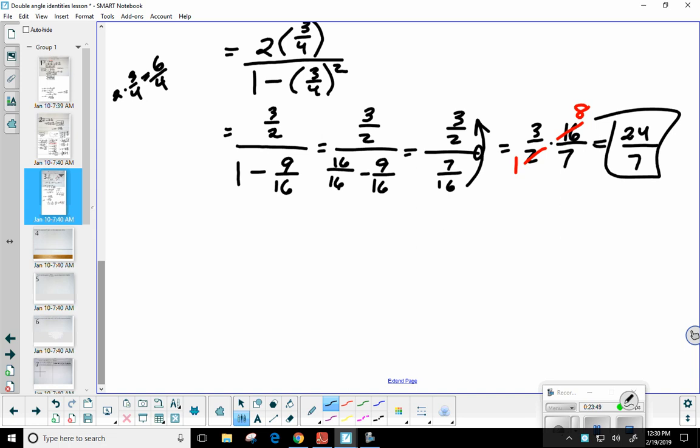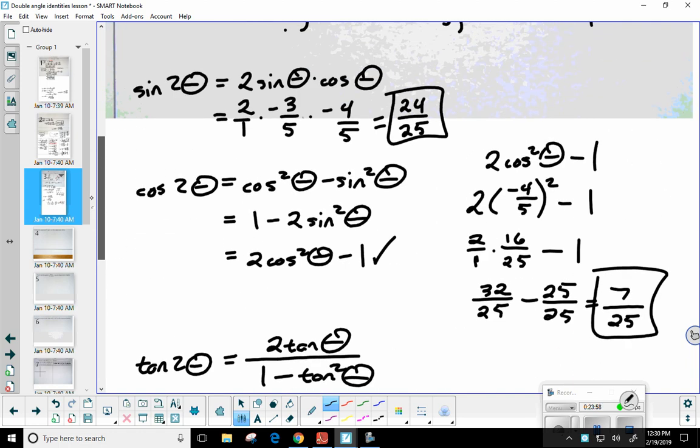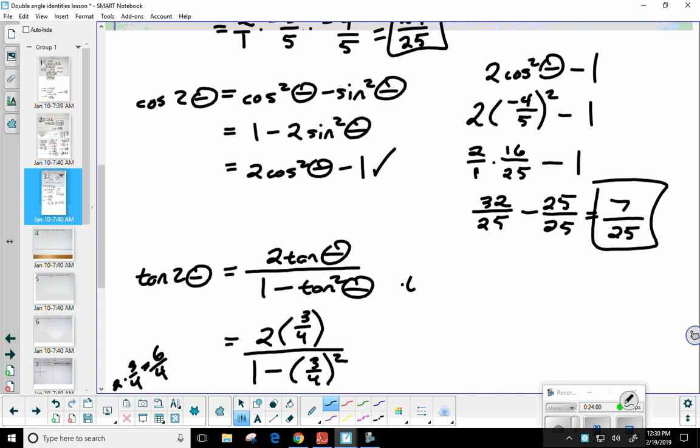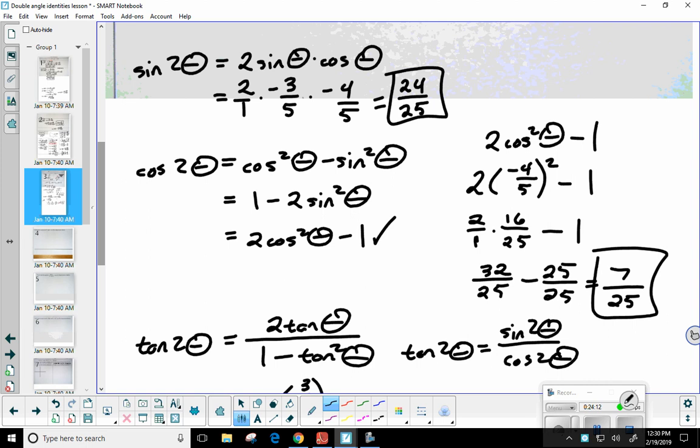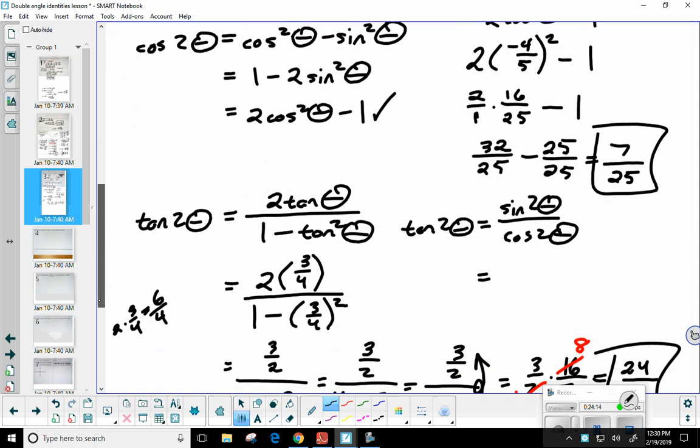All right, good. Now let's test our answer and see if we are correct. Tangent of 2 theta, we got 24/7. Remember, tangent of 2 theta is the same as sine of 2 theta over cosine of 2 theta. What do we get for sine of 2 theta? We got 24/25.